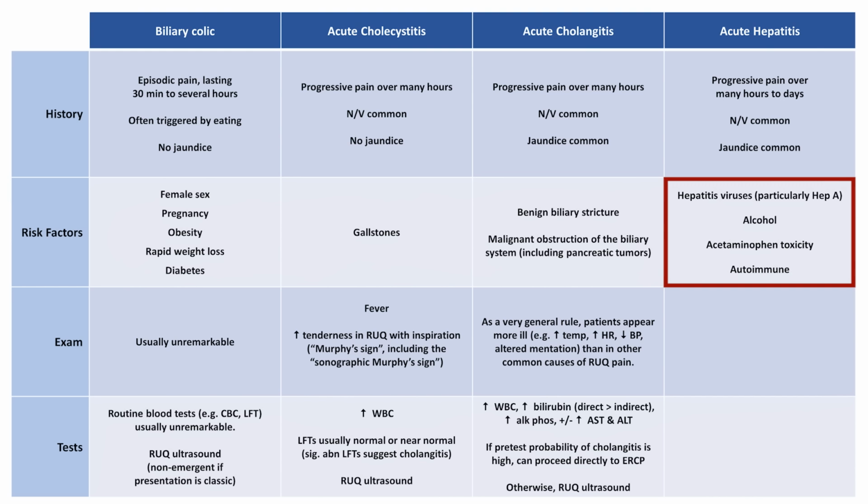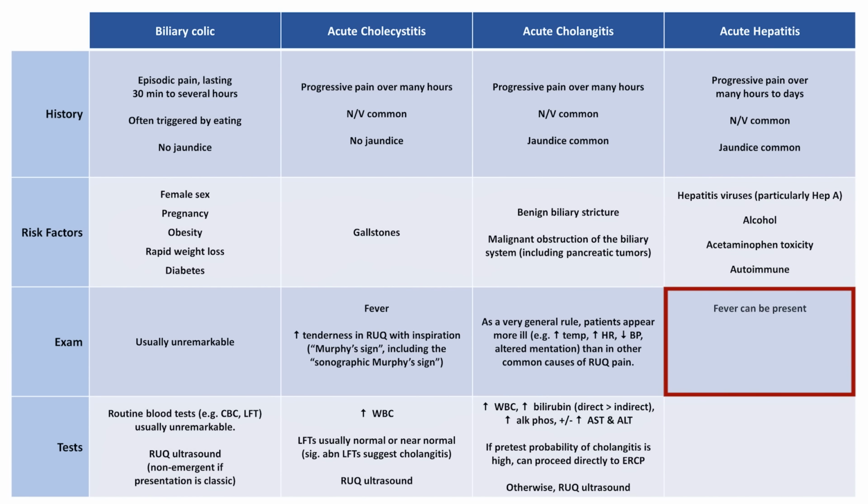There are many other causes of acute hepatitis, but these four cover the overwhelming majority in the US and other Western countries. On exam, fever is sometimes present, and there can be a variety of findings related to liver dysfunction depending upon the severity and acuity of presentation.